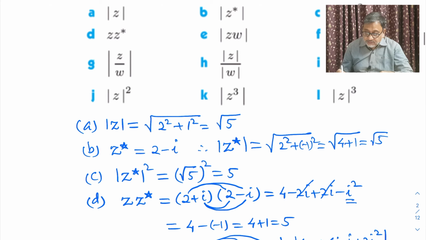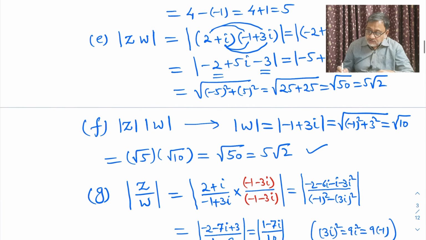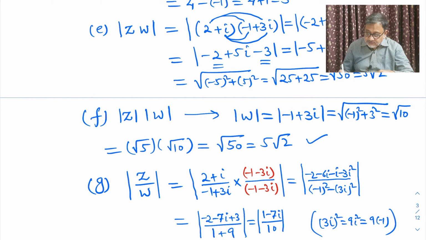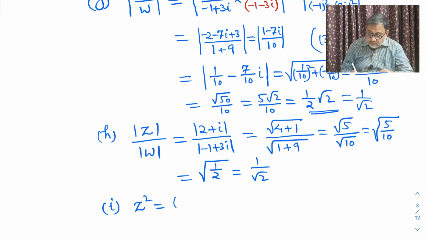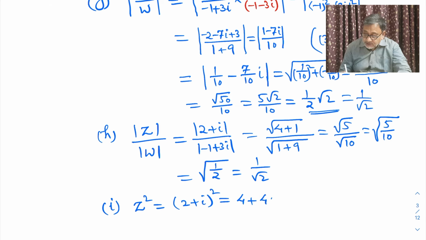They are equal. After H, I have I: modulus of z square. So first I will square z and then I will find the modulus. So first let me find z square. z is 2 plus i, its bracket square, which I can expand by the a plus b bracket square formula. So 4 plus 4i plus i square.